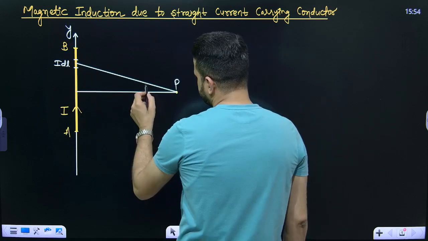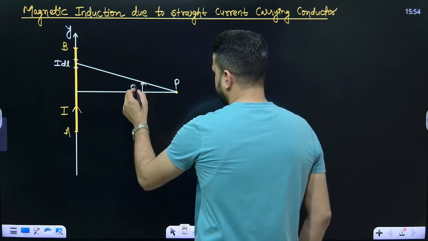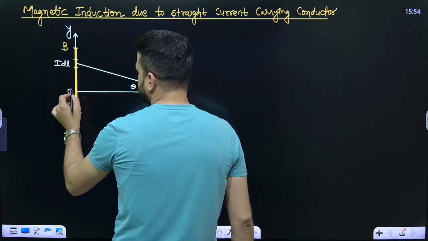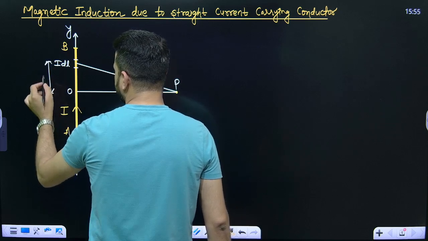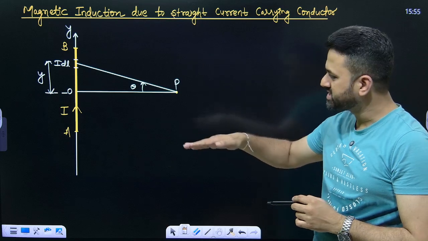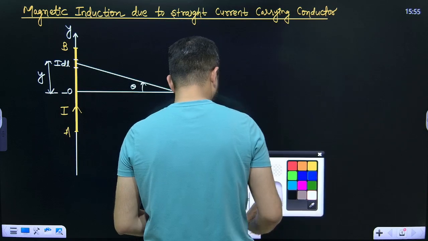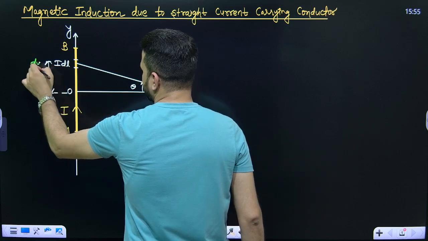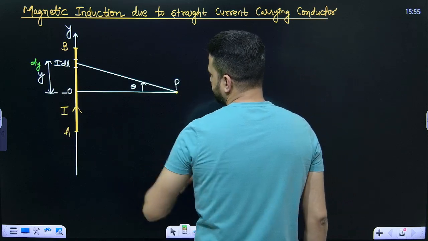Let us say this angle is theta, and let this be the origin. The distance where we are choosing the current element is y. So at distance y from the origin we have a current element whose length is very small, and since it is along the y axis, we can say the length of this element is dy, and this is theta.